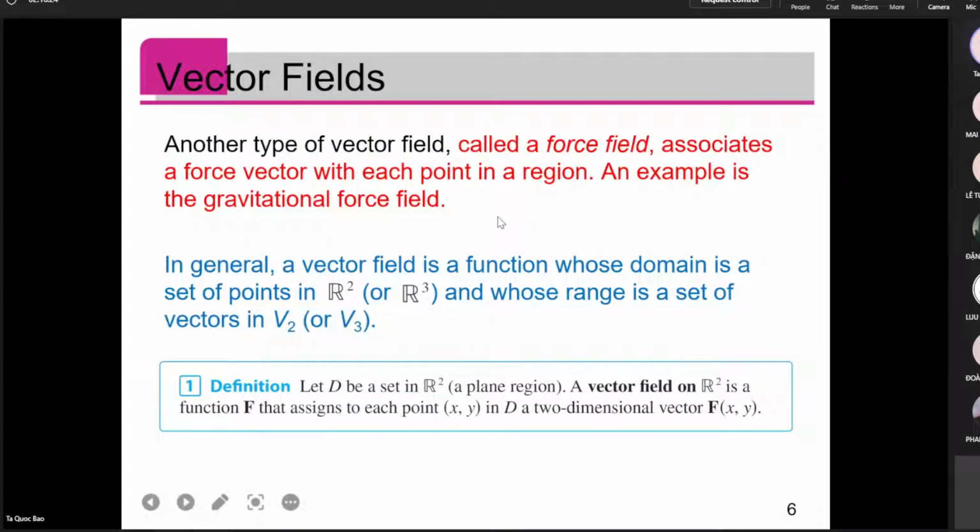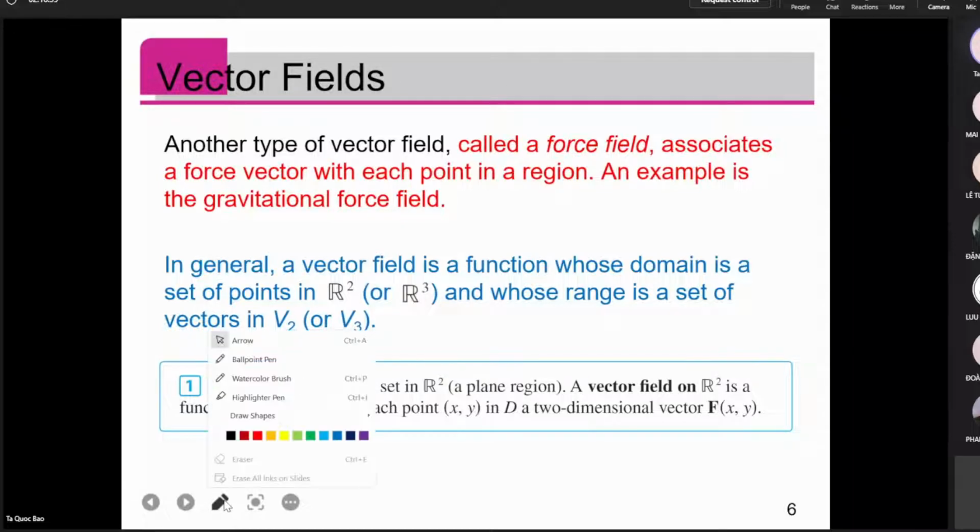Now, more exactly, we have a definition of vector fields. So let D be a set in R2, a plane region. A vector field on R2 is a function F that assigns to each point (x, y) in D a two-dimensional vector F(x, y).